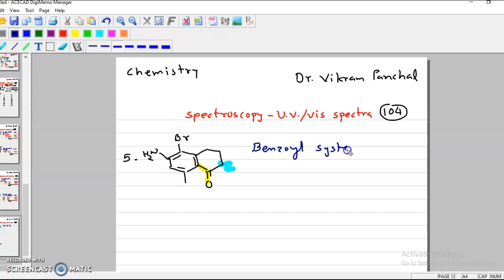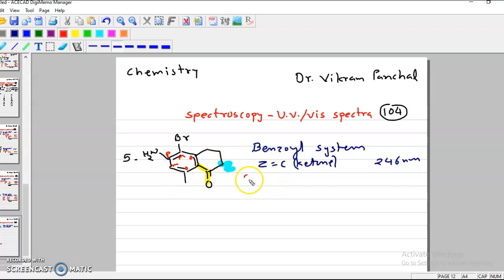where Z will be carbon, so ketone, aromatic ketone, and for that we will add 246 nanometer. Okay, next is to label each carbon of the system, and that is why if it is the first carbon, then this will be ortho, this is also ortho, then meta, and para.